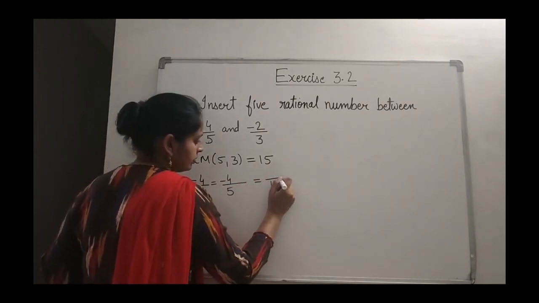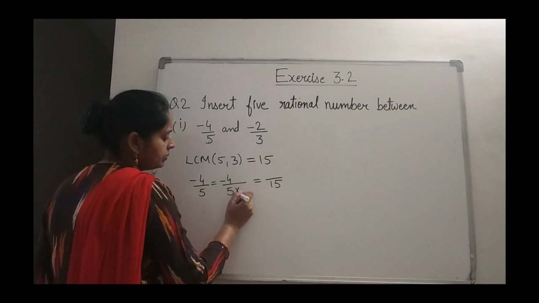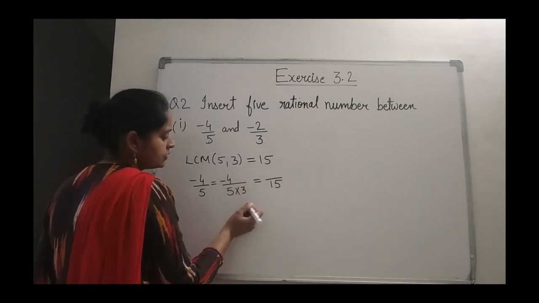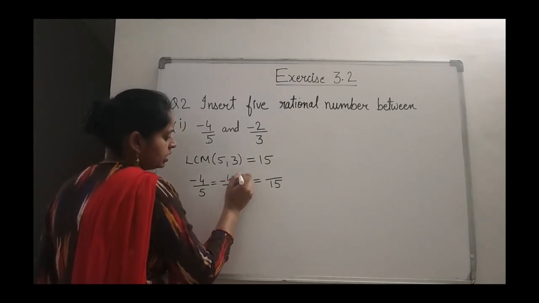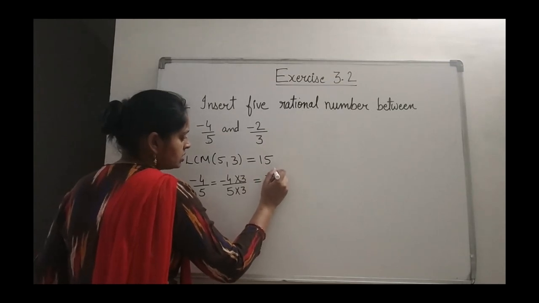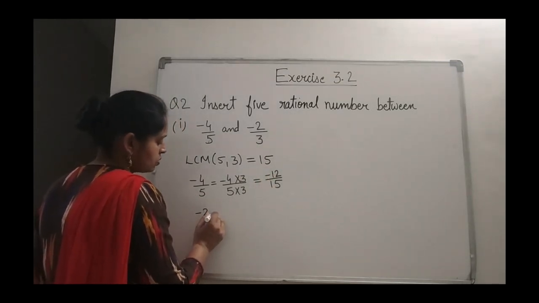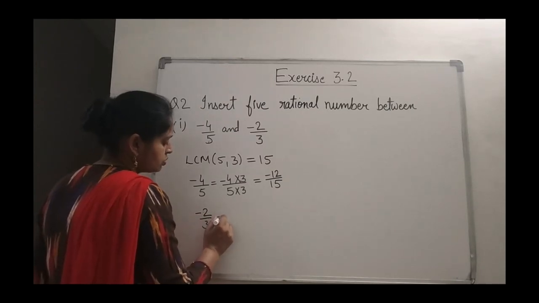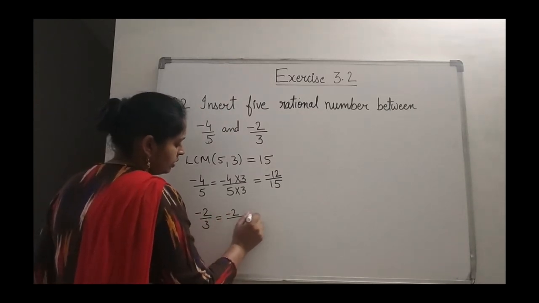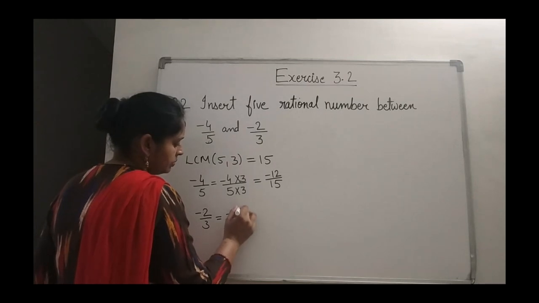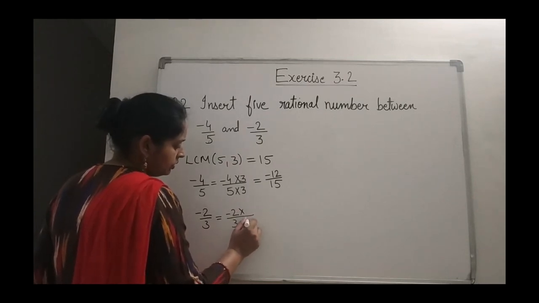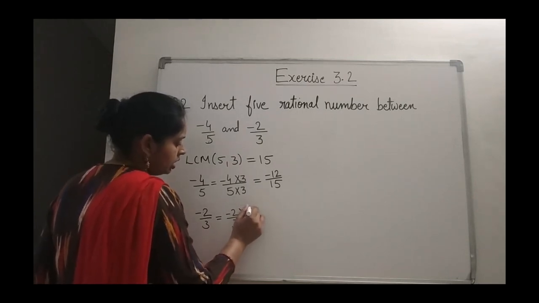So we have to make the denominator of both the rational numbers 15. So in 5 what we have to multiply? 3. 5 3s are 15. So we have to multiply 3 in the numerator. 4 3s are 12. So -12 upon 15, and the other number is -2 upon 3. So -2 upon 3, what do we need to multiply? 5 in the denominator and 5 in the numerator.